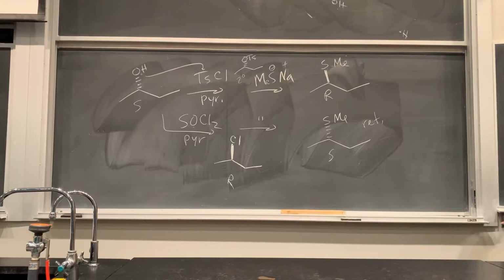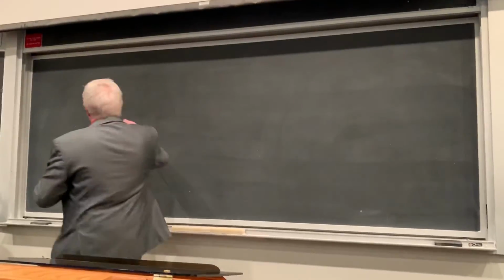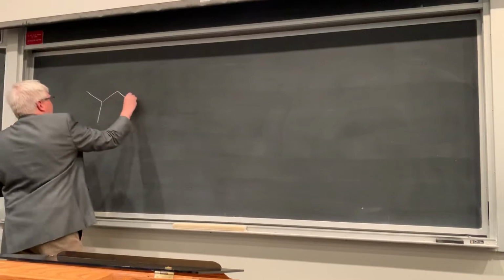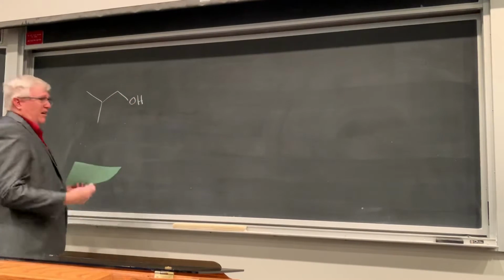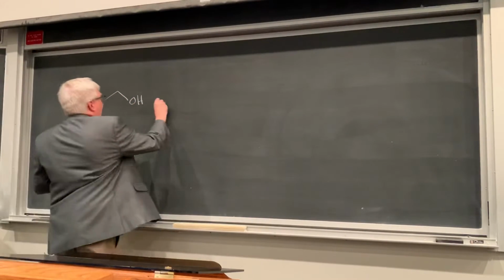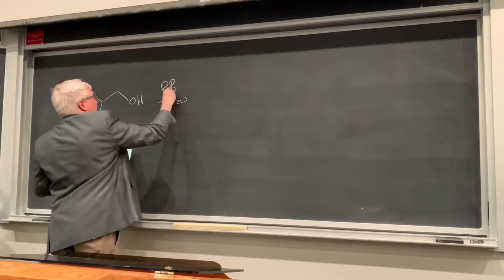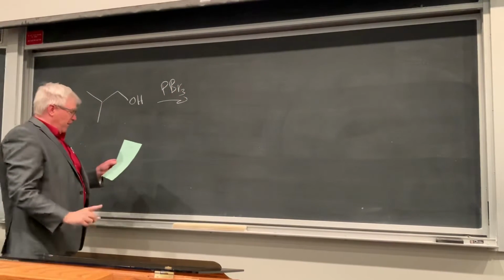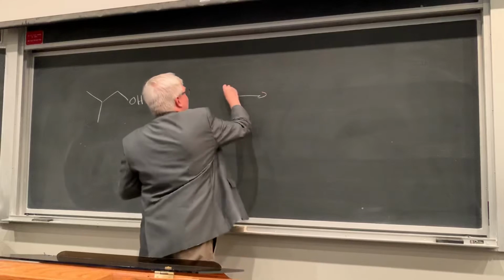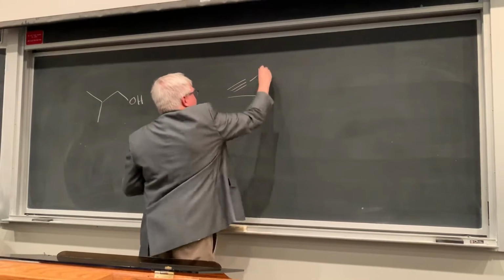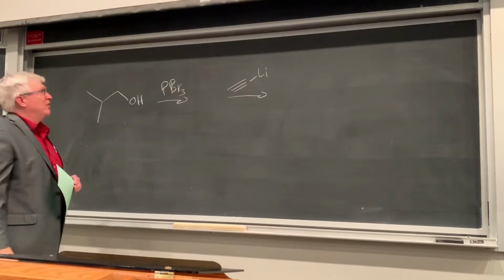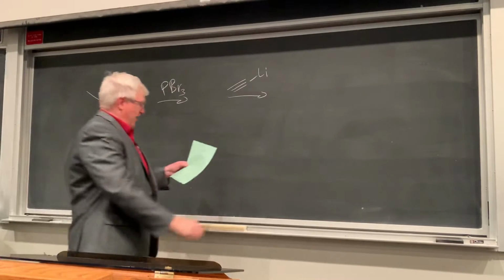Let's do one more set of reactions here, and we'll move over to the other board. And this shows some other utility reactions. So we have an alcohol again, going back to chapter 9. PBr3, phosphorus tribromide first, then lithium acetylide, our charged good nucleophile here.